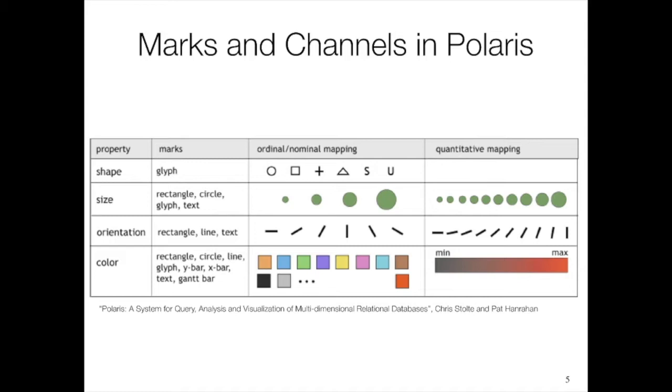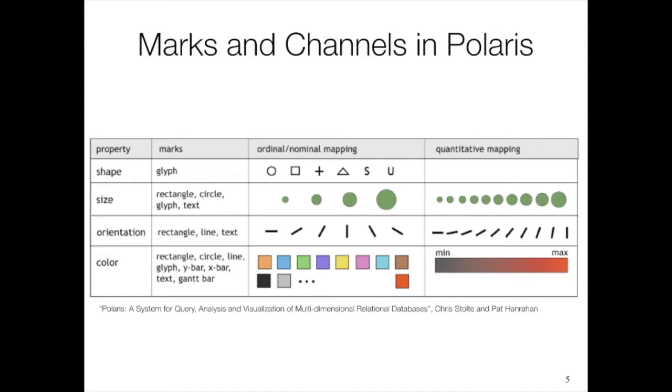The same is true for orientation. Here we can orient our lines. If we have very clear orientation, we can use this for ordinal mappings. And if it's a continuous angle that we're using, we can use that for quantitative mapping.